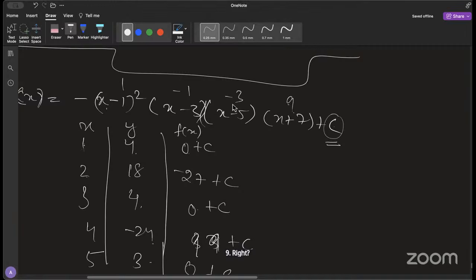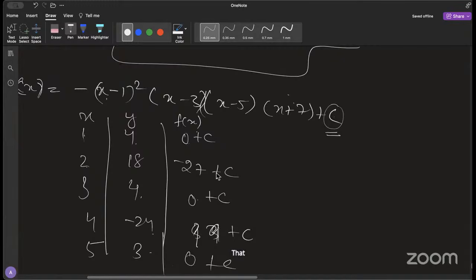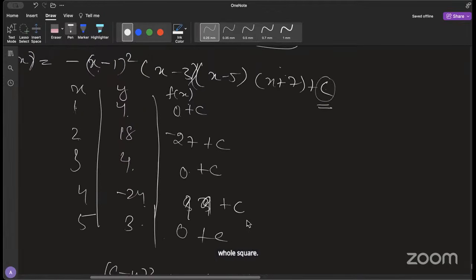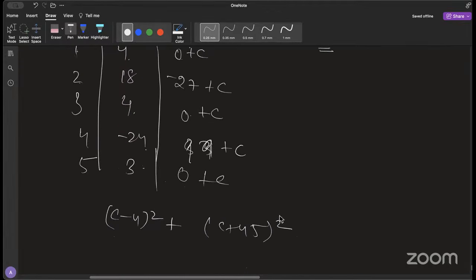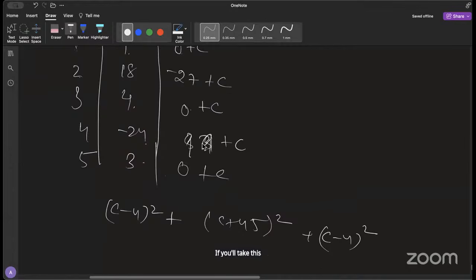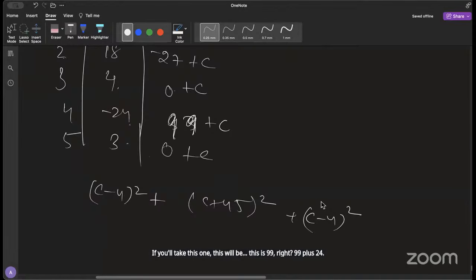So it will be 27, minus only. Then it'll be C plus 45 whole square. If you take this one, this will be C minus 4 square again. If you take this one, this is 99, right? 99 plus 24. How much is it? It's 123, right?